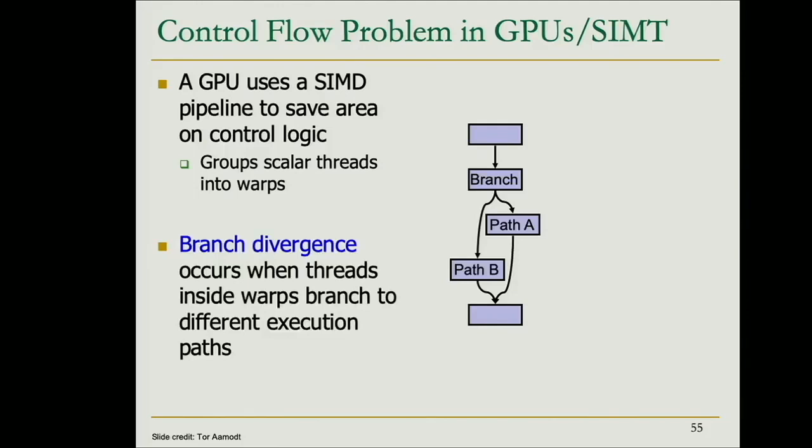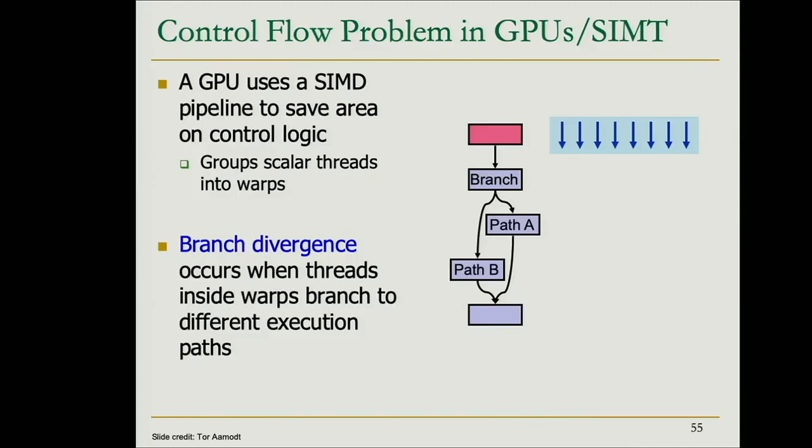And why is that a problem? It's a problem because the 32 threads of the warp are issued at the same time. So we have the warp scheduler, which fetches one instruction from the instruction cache, and then launches the 32 threads on the 8 SIMD lanes or 32 SIMD lanes or whatever number that we have.